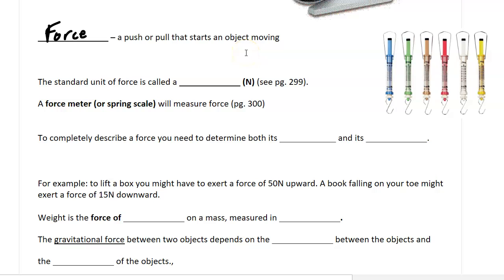Now, the standard unit for force is the newton, and we usually measure it with a spring scale. You can see some on page 300. The ones at school look something like this. In order to describe a force, you need both its magnitude and direction, so its size and direction.